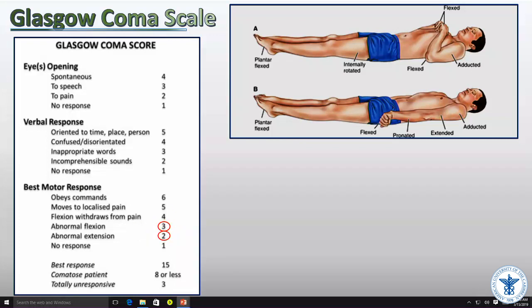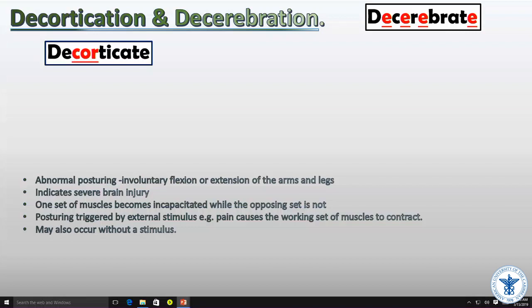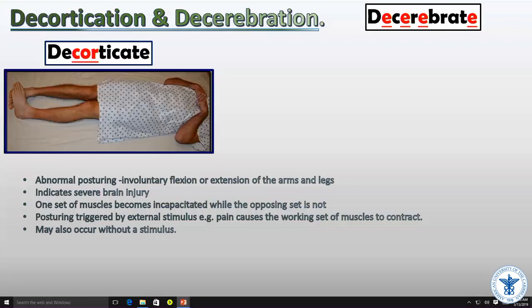What these two mean is the first one's called decorticate posturing or decorticate rigidity. It's an abnormal posturing in which the arms are flexed and brought towards the center, the legs are extended, and the feet are internally rotated and plantar flexed.